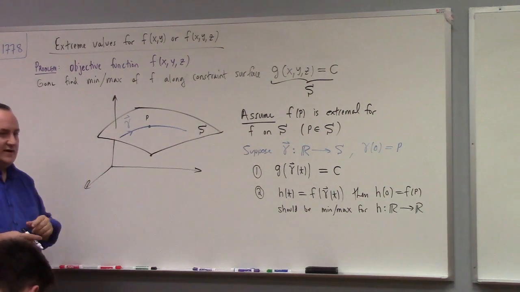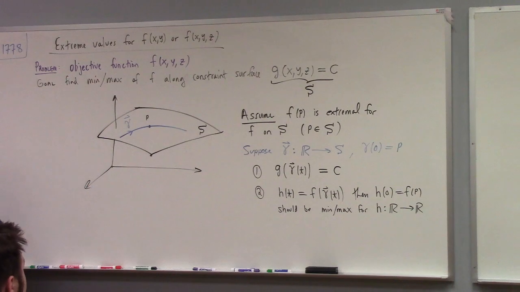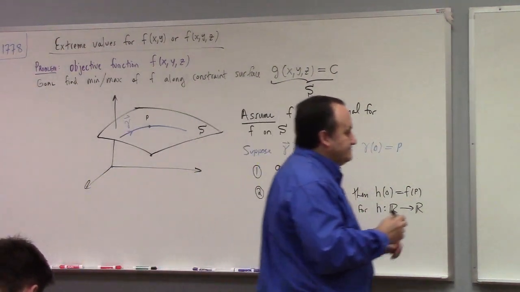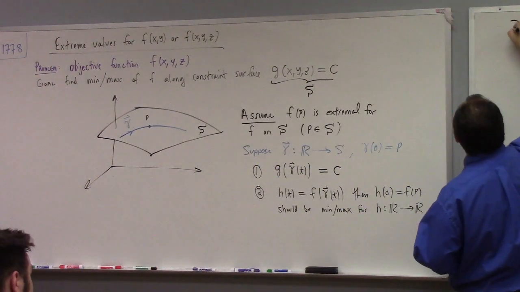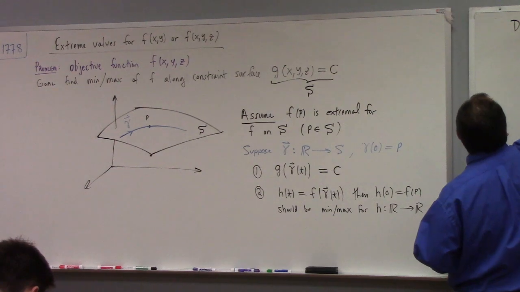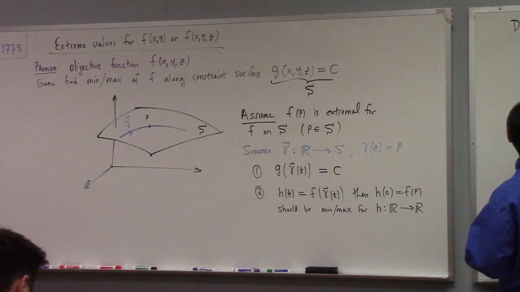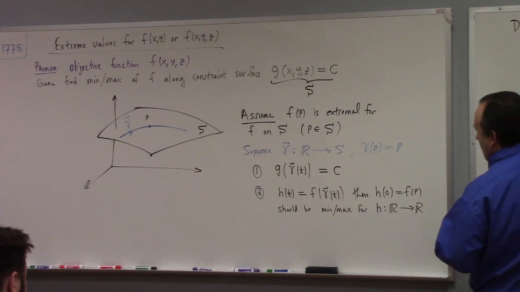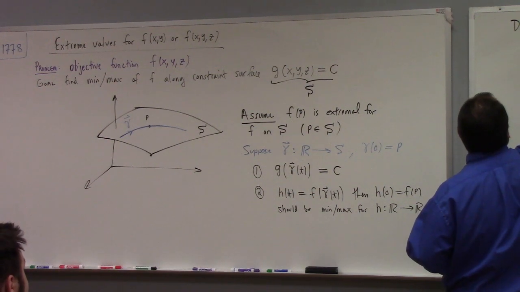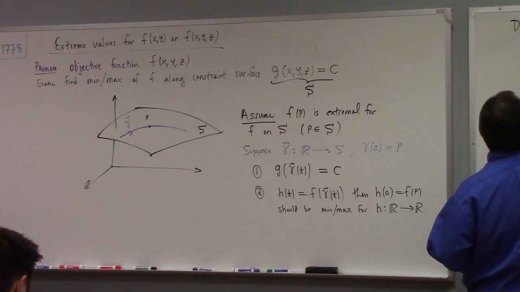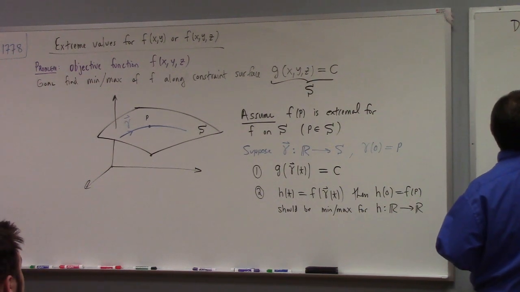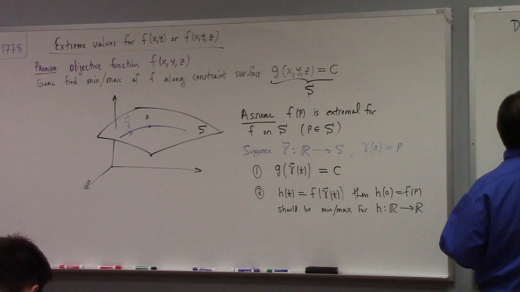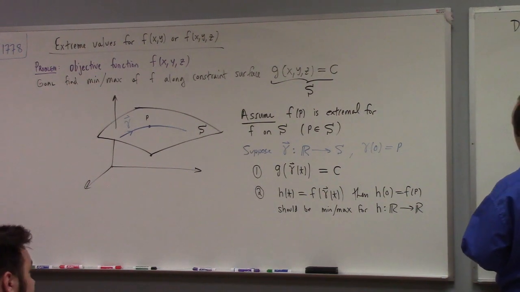So I have 1 and 2. What can I do with these? Well, what have we been doing? We've been differentiating. So let's differentiate 1 and 2. What do we get? We get the gradient of g at gamma of t dotted with the velocity d gamma dt equals 0.